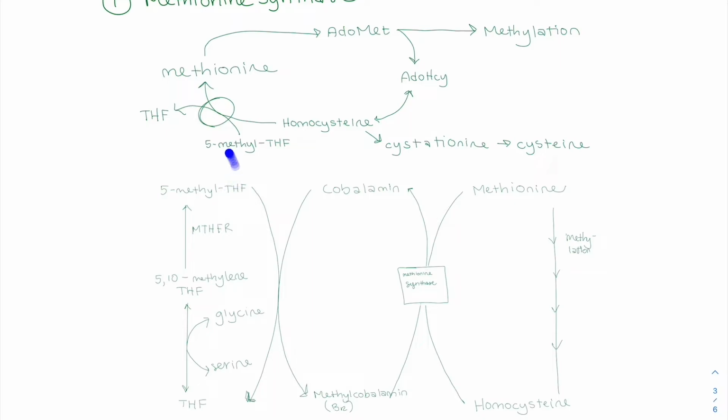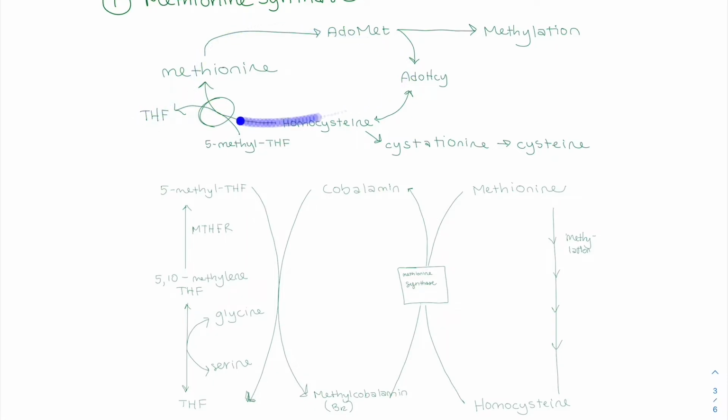We get it from the folate, but then we talked in the video about how we need to drop the methyl, give it to homocysteine, and then the homocysteine becomes methionine. We no longer have the methyl, so we just have the THF, and ta-da, we're able to go through the cycle.